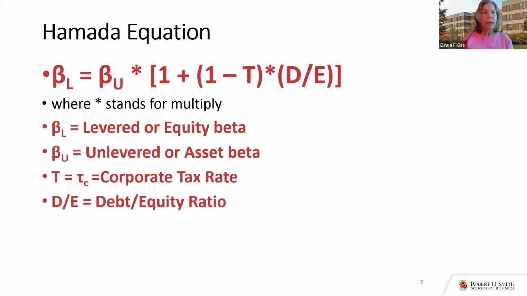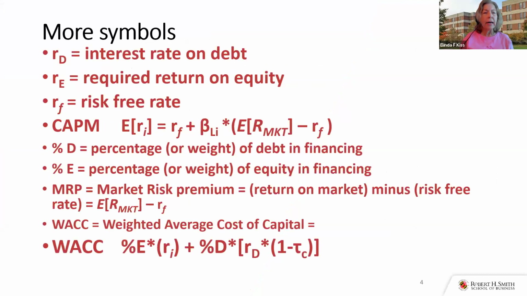That is the use of debt. The symbols used in that equation are on this slide 3. Next, you will use that levered beta to calculate the cost of equity using the CAPM, capital asset pricing model. Then you will use that cost of equity along with the after-tax cost of debt to calculate the WACC.